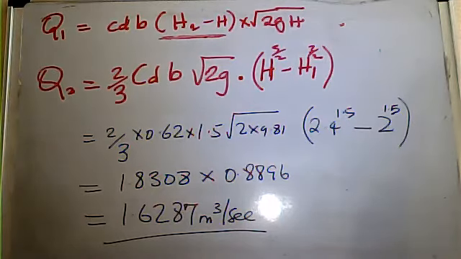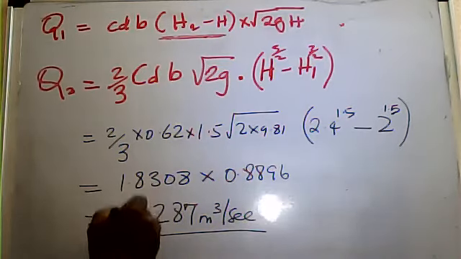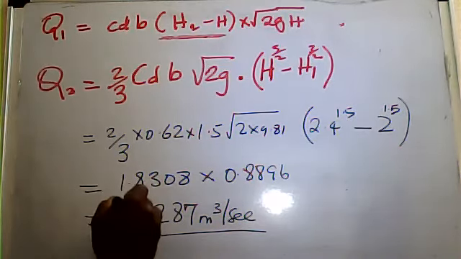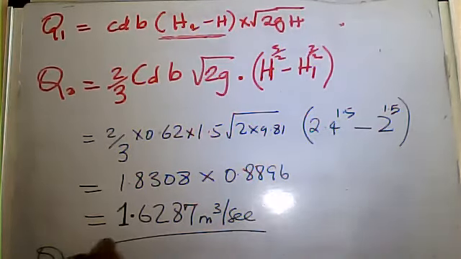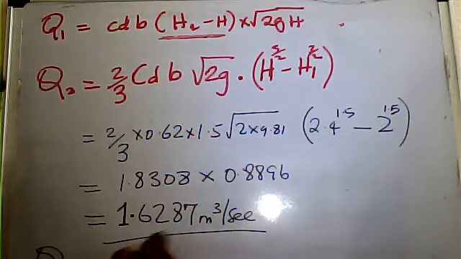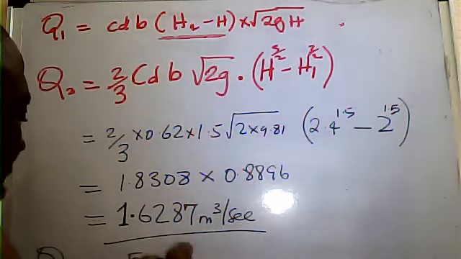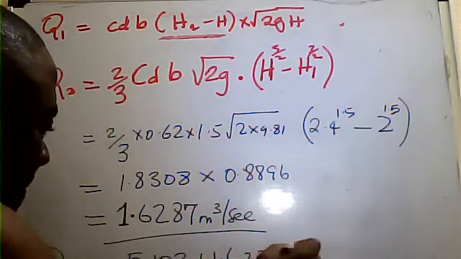Yes, that's the answer. Thank you. So our Q total will be 5.103 plus 1.6287.